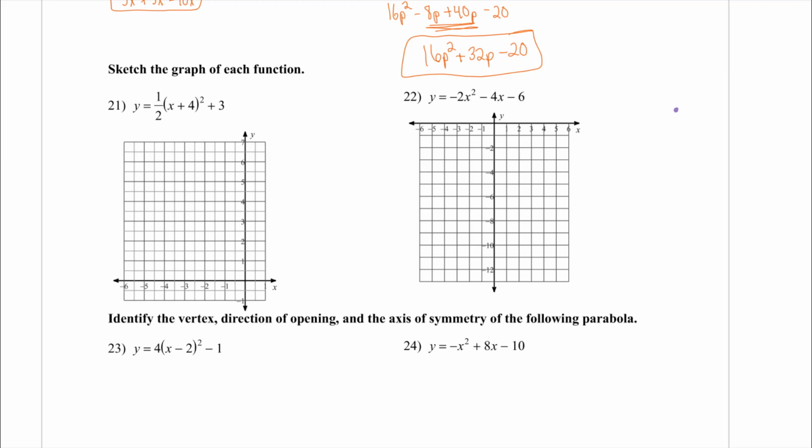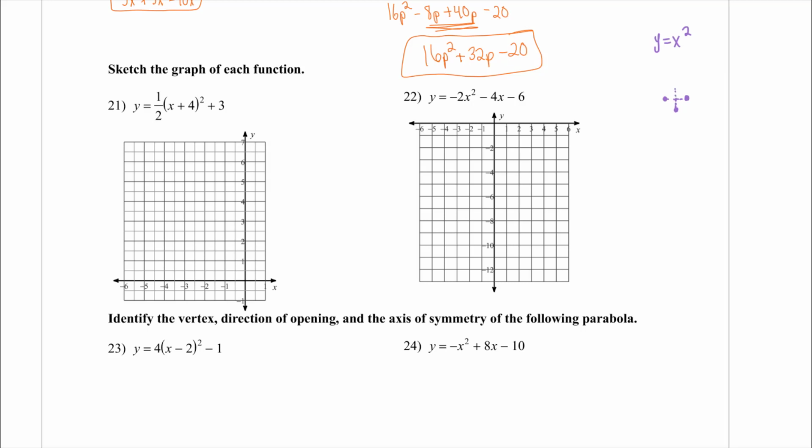And then if it's the parabola that we call the parent graph, y equals x squared, then to get to the next points, you think of squares. So we start here at our vertex, and then we would go up 1 and out 1, because 1 squared is 1. And then to get to the next points from our vertex, we would go up 4.